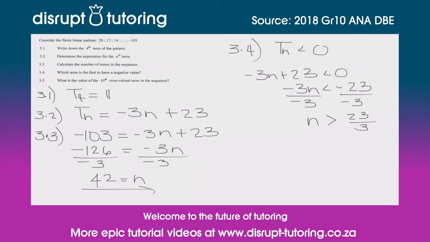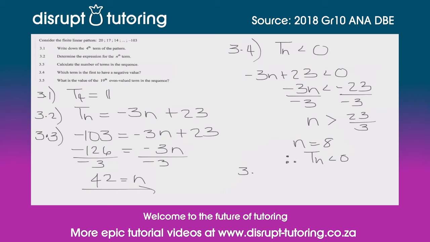Well, if we divide 23 by 3, that's going to give us approximately 7.66666, which means that n is greater than 7.66 for Tn being less than 0, and that would therefore mean that n is equal to 8, and when n is equal to 8, Tn must be less than 0. Okay, so a tricky one, but if you work through it and you use your inequality rules, you will get to the final answer eventually.